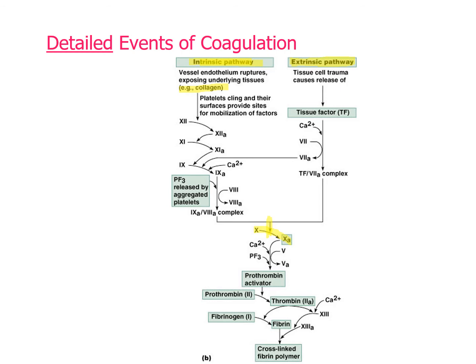The platelets will cling to those collagen fibers, and what you get is activation of factor 12 to 12A, which in turn activates 11 to 11A, which in turn activates 9 to 9A. So we're going from 12 to 11 to 9.